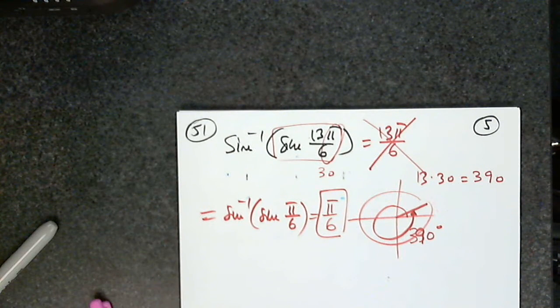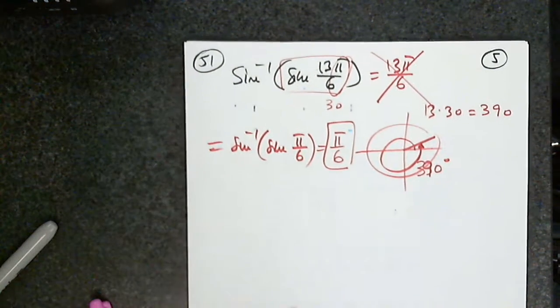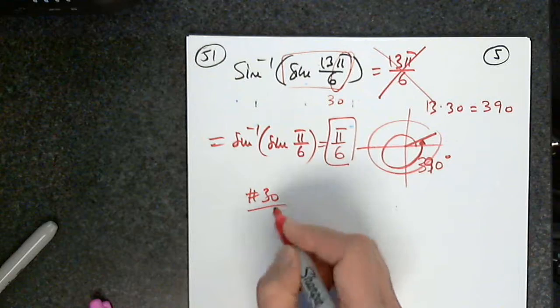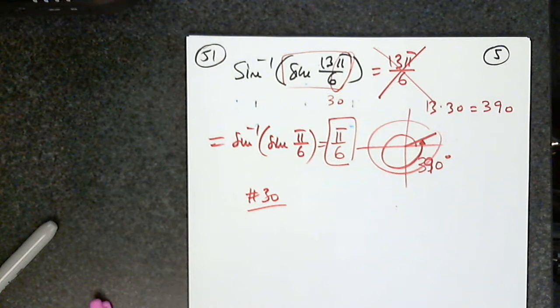Okay, so let's start with 30. We had similar problems with this one. A pilot measures the angles of depression to two ships to be 40 and 52 degrees.